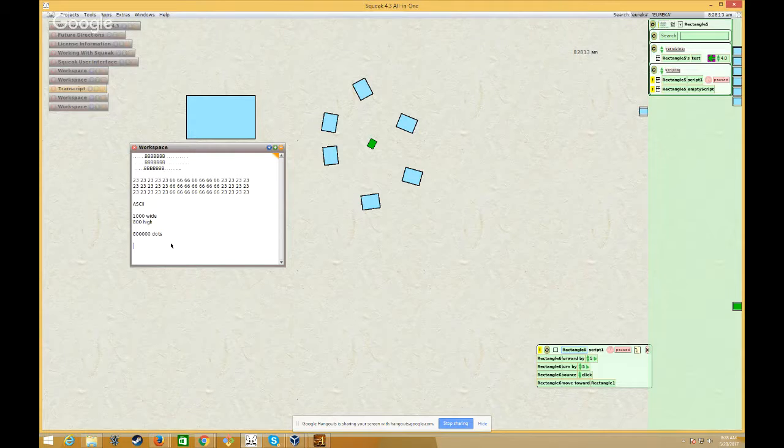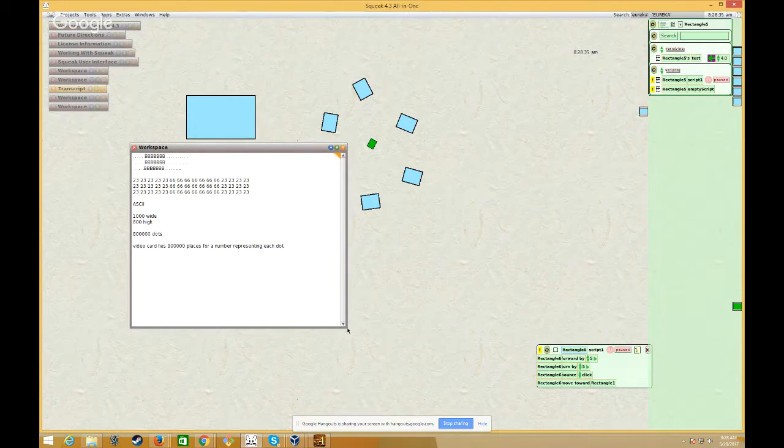Well, somewhere in the video card, we've got 800,000 places for a number representing each dot. Which is really true.